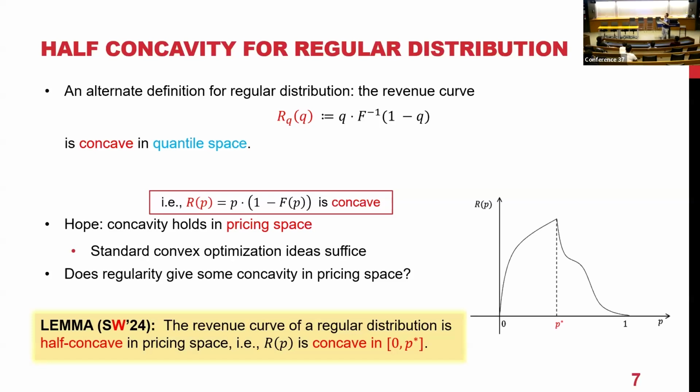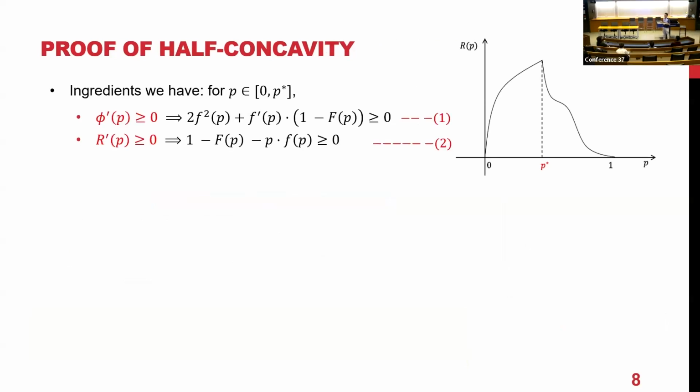Secondly, our half concavity says that this revenue curve must be concave before the optimal price p star. So the left-hand side is concave, while on the right-hand side we don't really have that. Actually, the proof of this half concavity is quite simple, so I will present a full proof. And here is the picture to give you intuition.